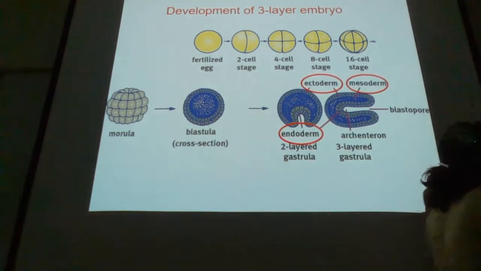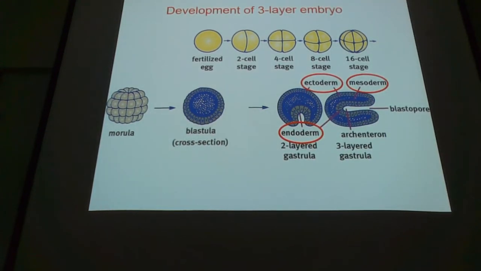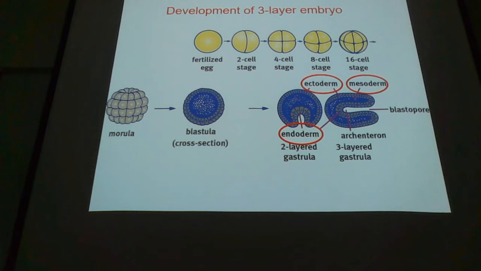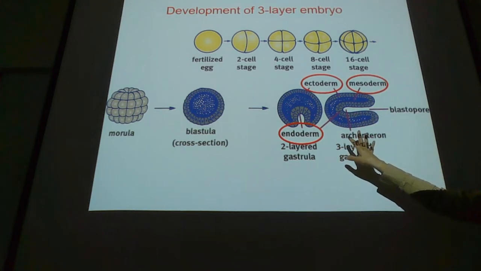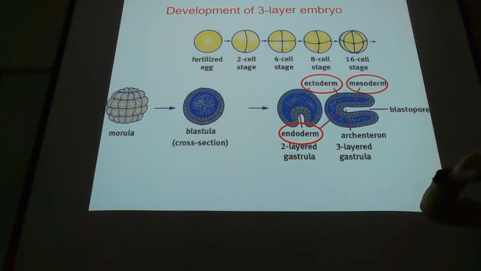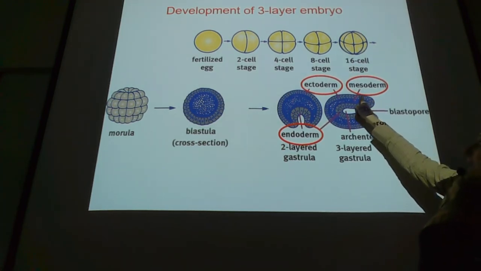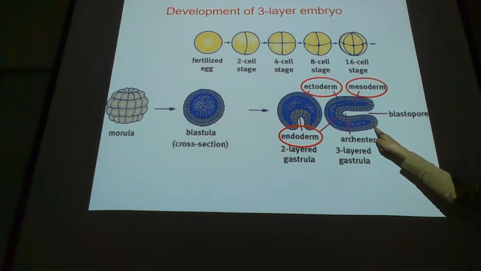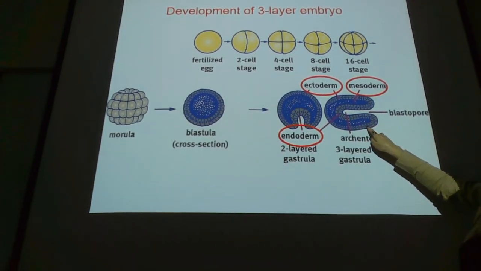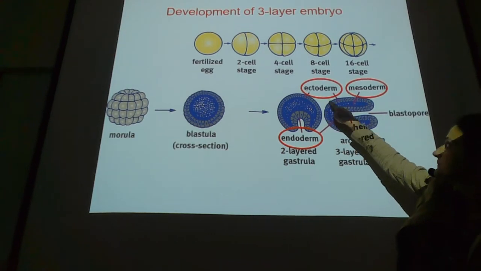And at this stage, we also have to name 3 important layers of cells. There are only 3 layers of cells at this stage. This is still a very early stage of an embryo, okay? We recognize 3 major layers of cells. One that is outside, the prefix for outside is ecto, so we call it ectoderm.